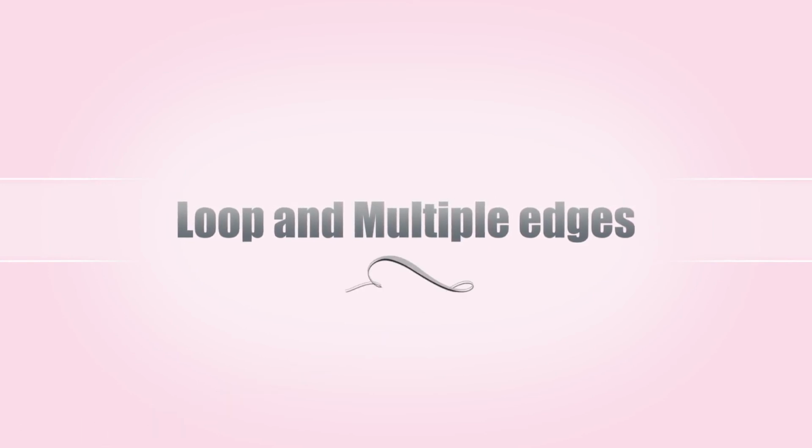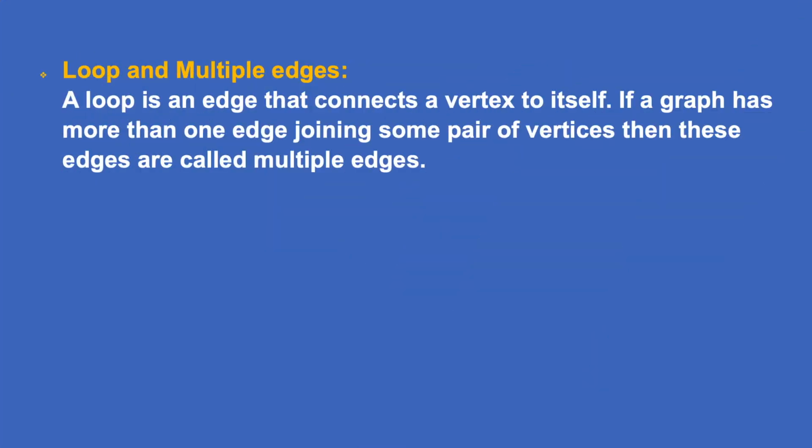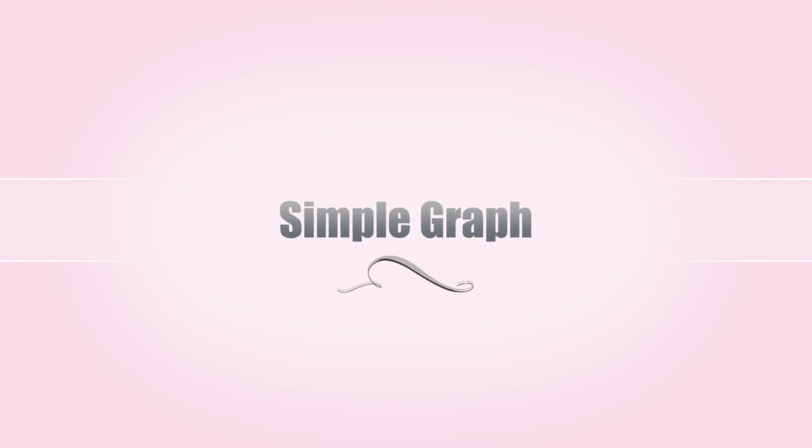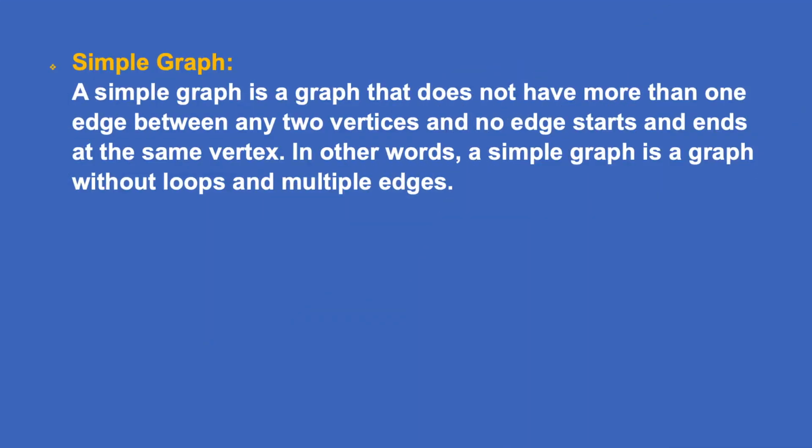Loop and multiple edges. A loop is an edge that connects a vertex to itself. If a graph has more than one edge joining some pair of vertices, then these edges are called multiple edges. A simple graph. A simple graph is a graph that does not have more than one edge between any two vertices and no edge starts and ends at the same vertex.